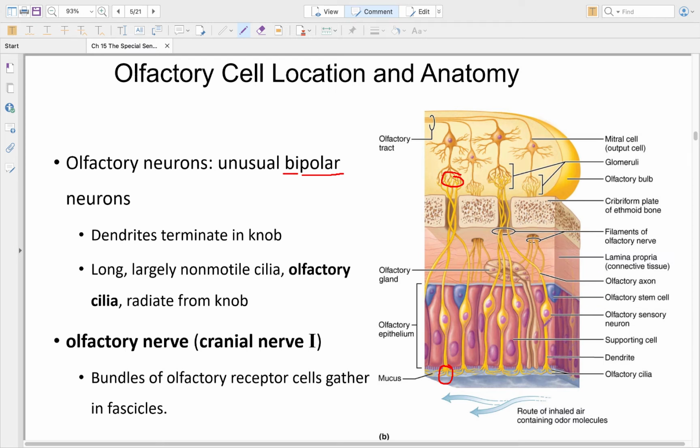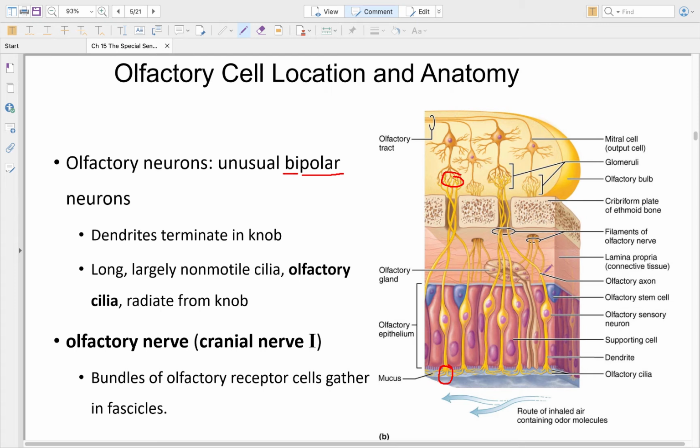All right, now ultimately what's happening here is unique because they do have a pretty unusual bipolar neuron in the sense that the dendrite of the actual neuron culminates or terminates into a knob structure.